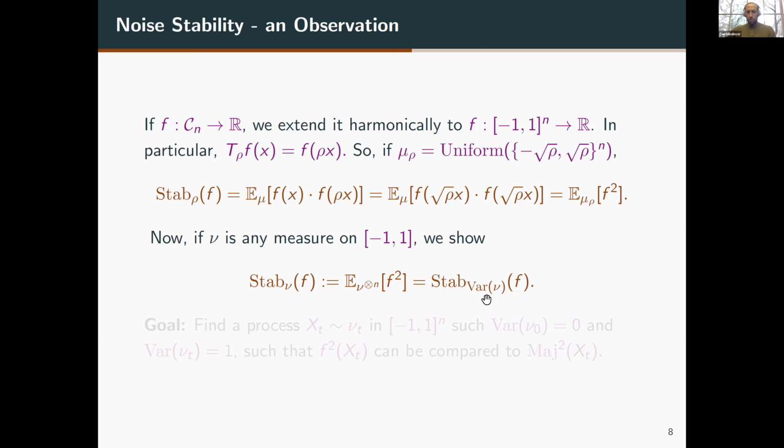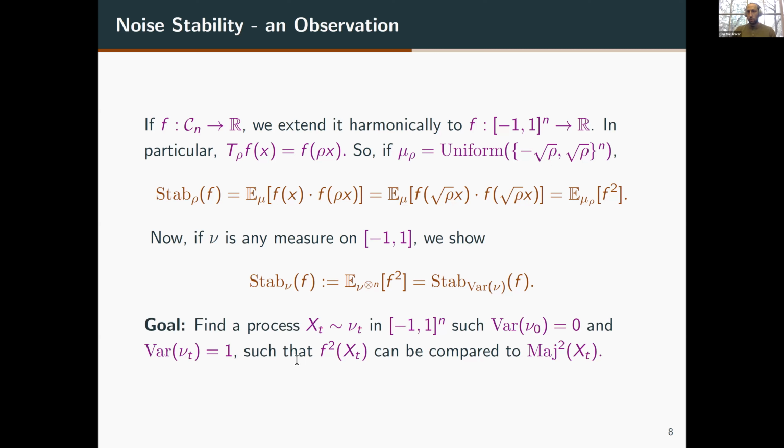But now we have a strategy, right? Because suppose we can find some stochastic process whose law we denote by nu t, and suppose that at time 0, the process has variance 0, and at time 1, it has variance 1. Right? The only possibility for it to have variance 1 is if it is supported just on the two endpoints, -1 and 1. And at every intermediate time, the variance will interpolate between 0 and 1.